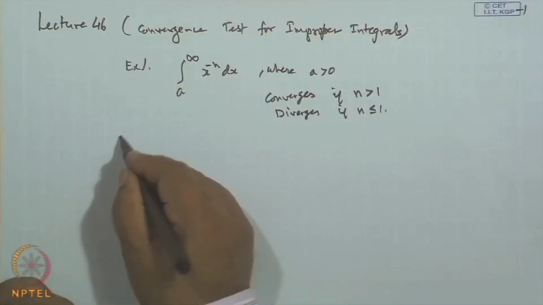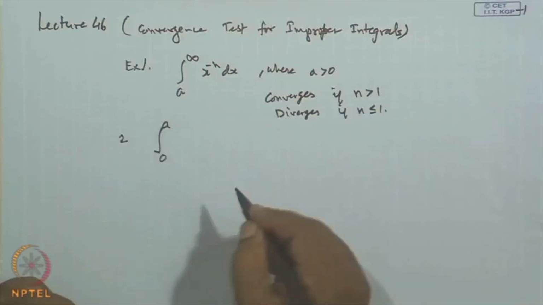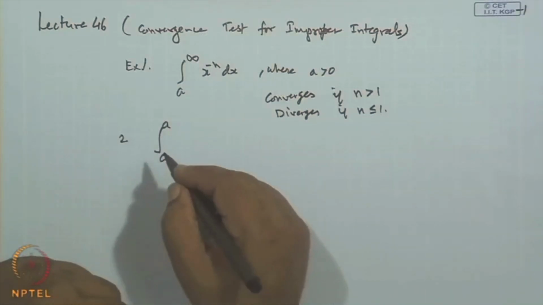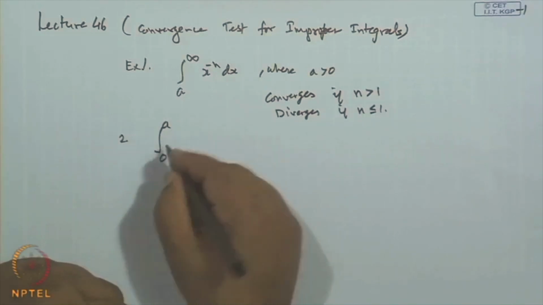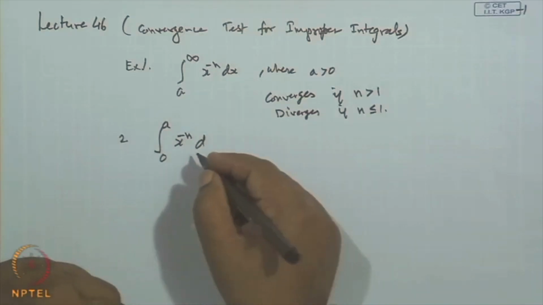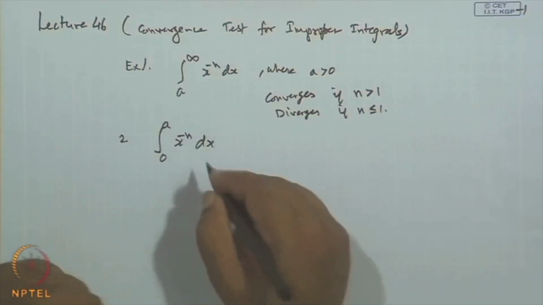Another example which we have seen: if the function is not defined at the endpoints, that is, the function becomes unbounded at either a or b, then in that case we can also have a convergence test, and for this the following example will be helpful.